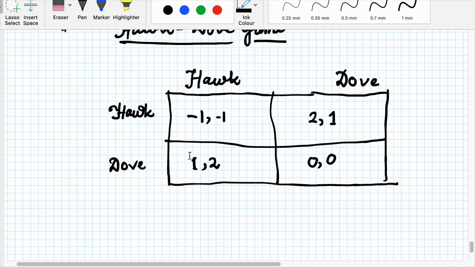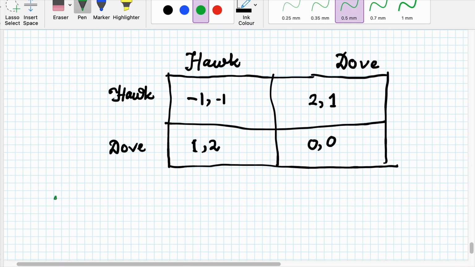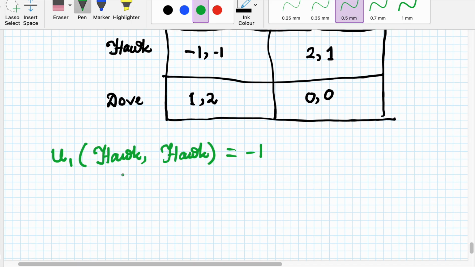Now let's see what the Nash equilibria are here. Is the hawk strategy Nash? Let's see the utility of player 1 while playing hawk, which is -1. Now we have to ask the question: does player 1 have any incentive to deviate from hawk when the other player is adopting the strategy hawk?